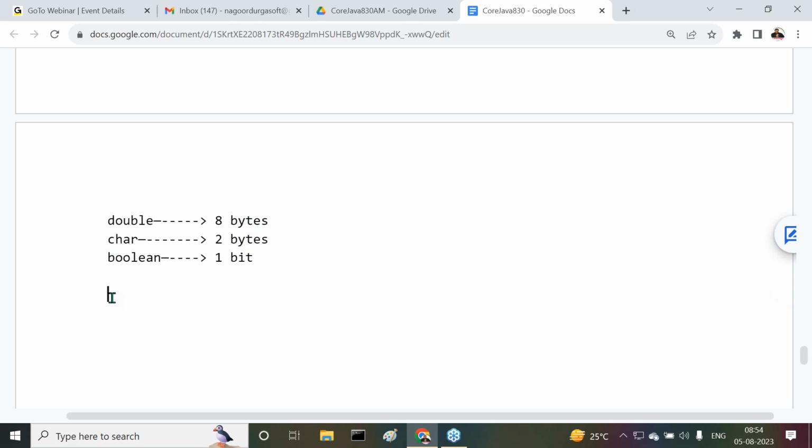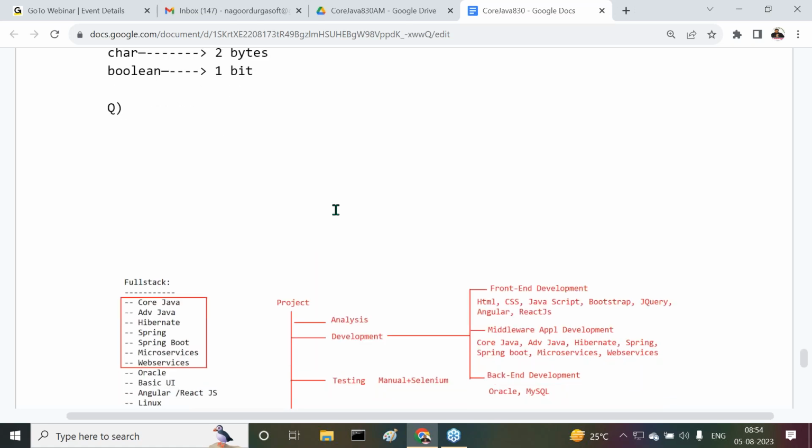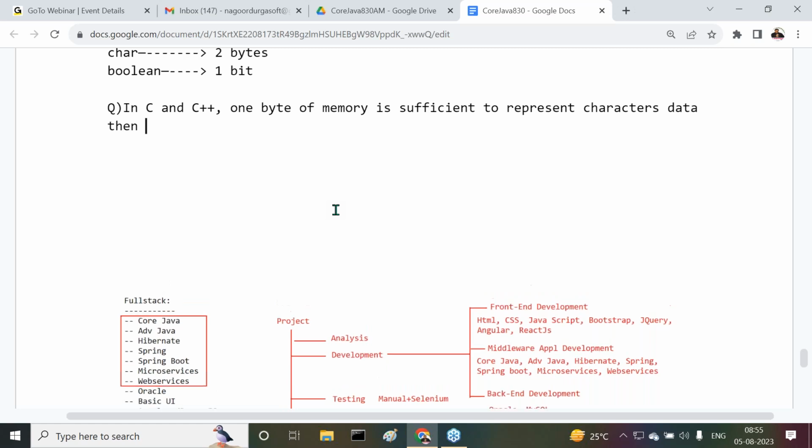Fine, sir. Then immediately we get one important interview question. All of you observe carefully. In C and C++, 1 byte of memory is sufficient to represent character data.